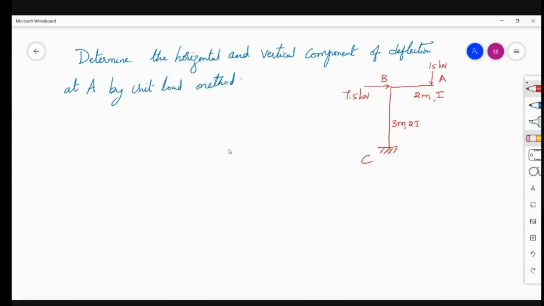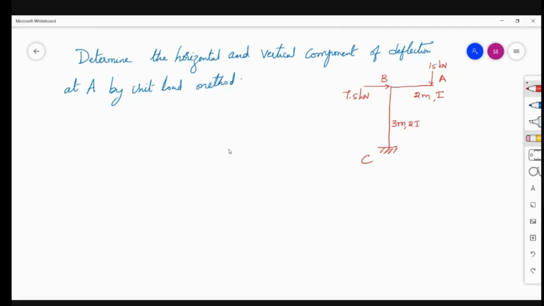They are asking us to calculate what is the horizontal deflection as well as what is the vertical deflection at A. So please note on this question.